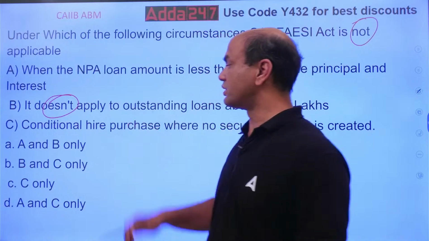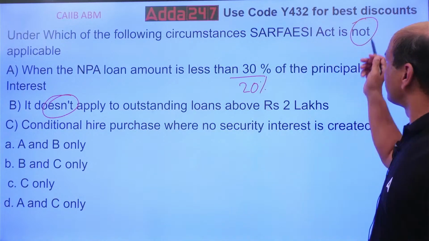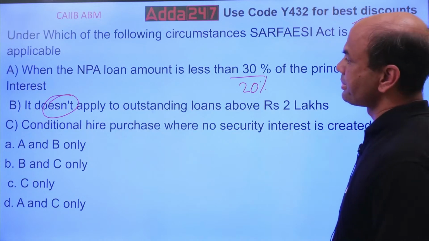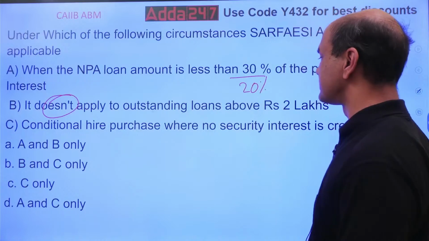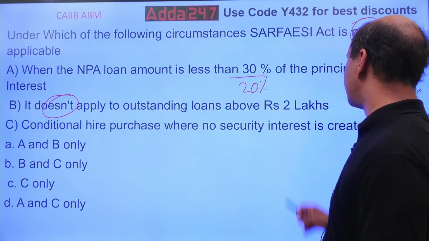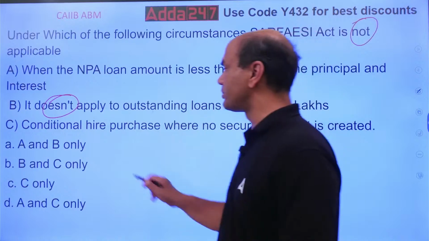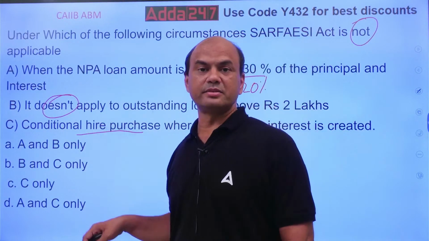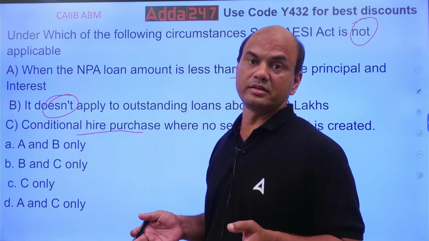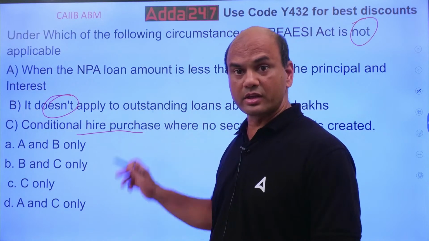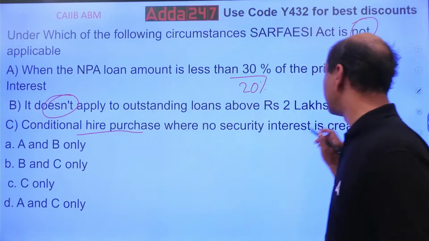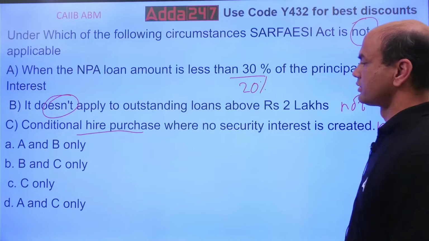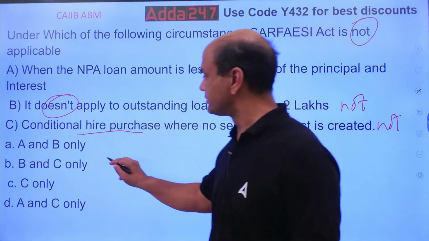Then, conditional hire purchase where no security interest is created. Conditional hire purchase means, basically, hire purchase. Hire means this is not a permanent security taken. So here also it won't be applicable. So answer will be B and C.